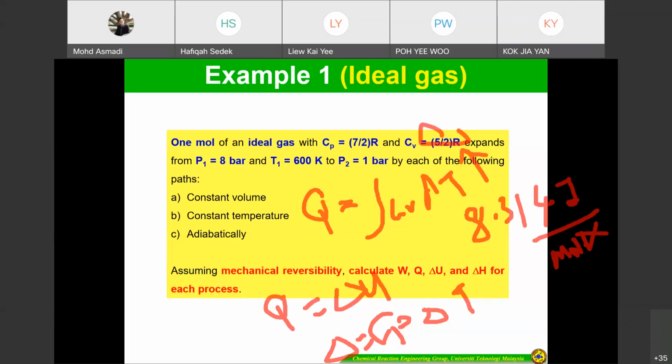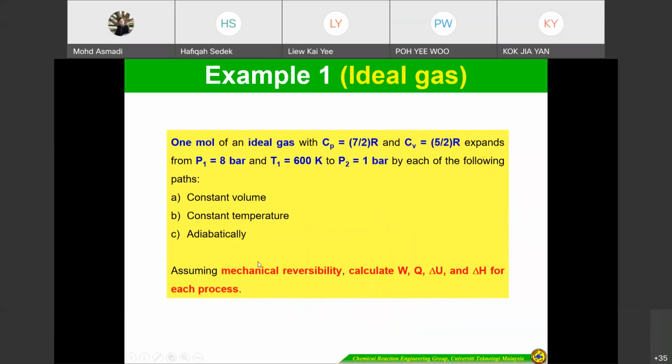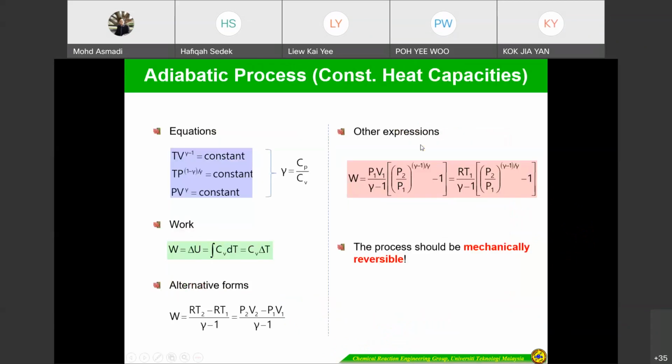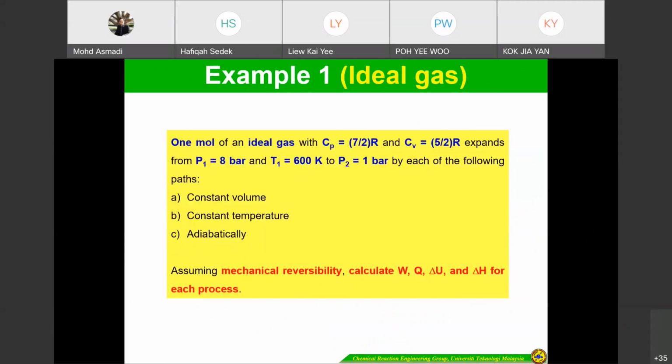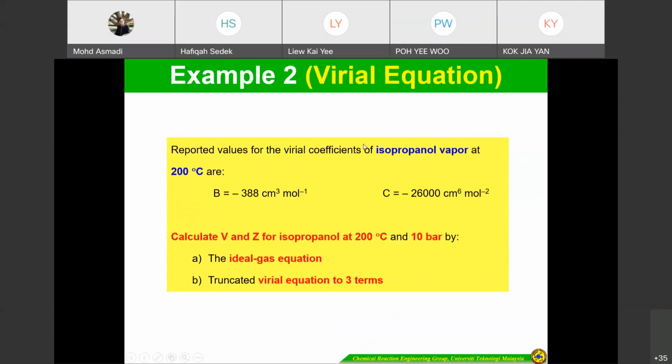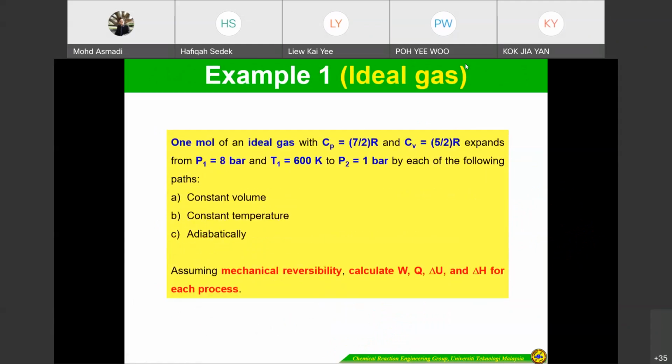So since we don't know the final temperature, we only know this one. If you still remember the previous question, we just use this relationship, the ideal gas.